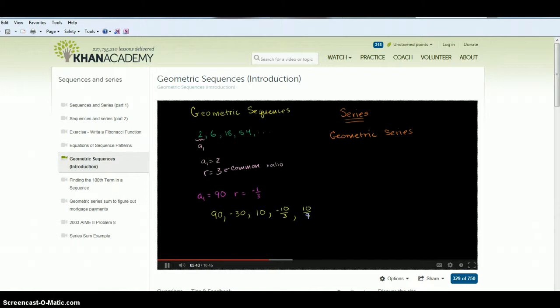A geometric series would be 90 plus negative 30 plus 10 plus negative 10/3 plus 10/9. So a general way to view it is that a series is the sum of a sequence. I just want to make that clear because that used to confuse me a lot when I first learned about these things. But anyway, let's go back to the notion of a geometric sequence and actually do a word problem that deals with one of these.